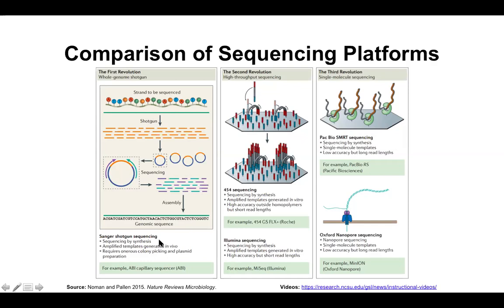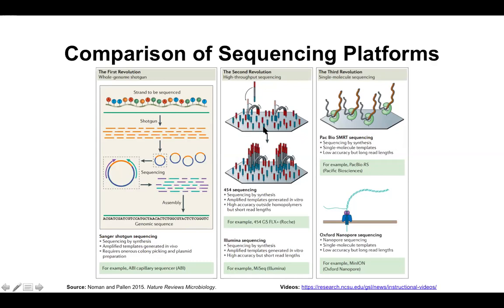So again, we're detecting the addition of nucleotides, but we have to use some sort of bacterial system to make all these plasmids and grow them up, right? Make lots and lots of copies. And so it requires a lot of fun with bacteria, which is labor intensive and takes up a lot of space and also kind of smells bad. It's got a fermenting bread smell, and it's a pain in the butt.